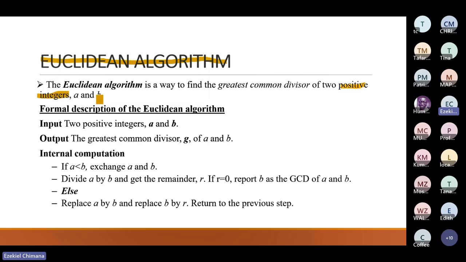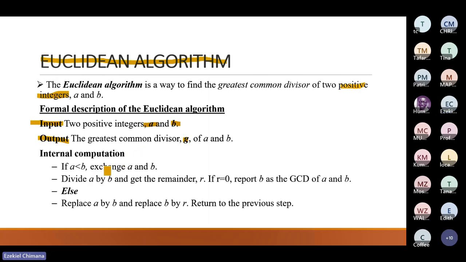In the formal description, the input is two positive integers, A and B, and the output is the greatest common divisor, which we can refer to as G, the greatest common divisor of A and B.